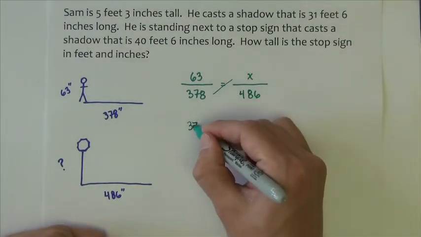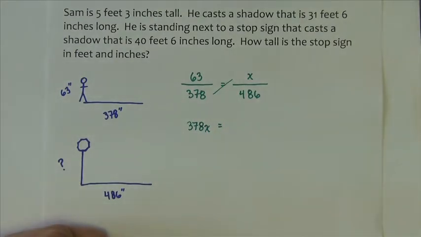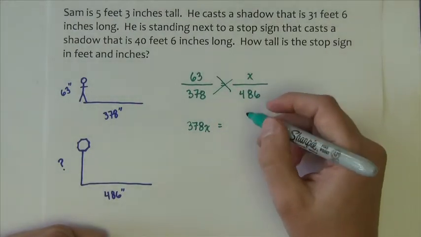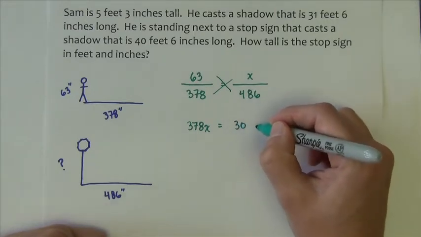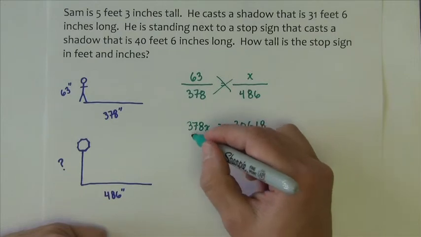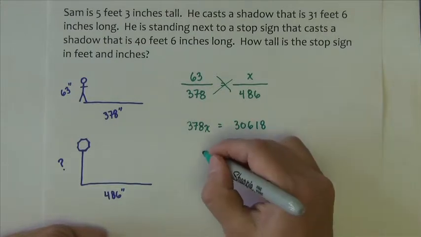So we have 378x equals, so I'm going to go ahead and multiply on the calculator, 63 times 486. That is 30,618. And I'm going to divide by 378, and I get that x is 81 inches.